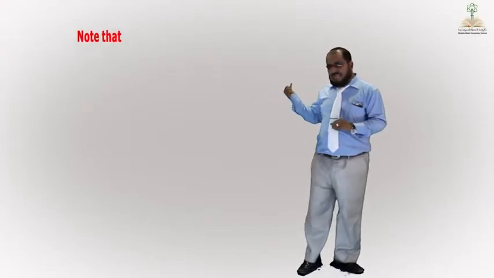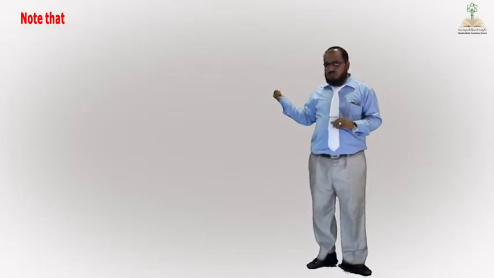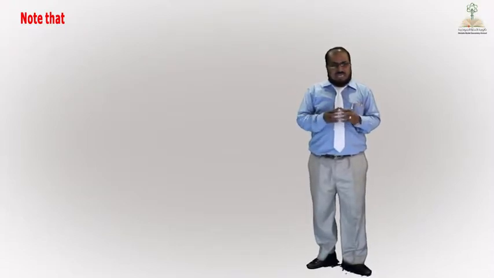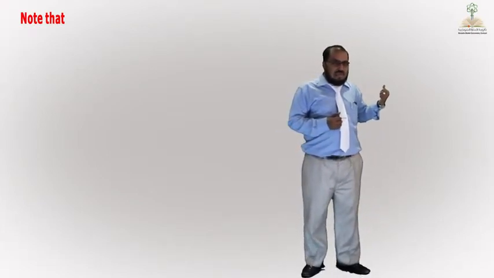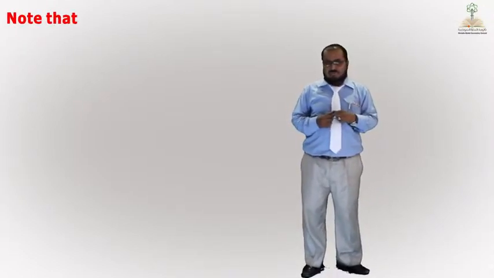Okay? Now note that when the active sentence contains 2 objects, and the first object is an object pronoun, when you change it into passive, this object pronoun must be changed into a subject pronoun. Examples.